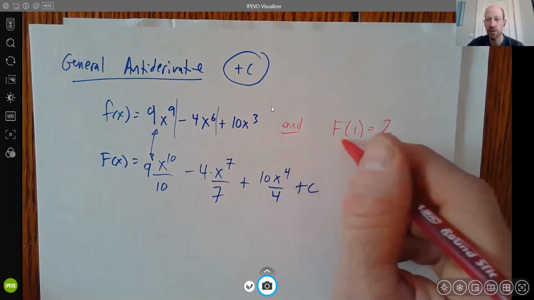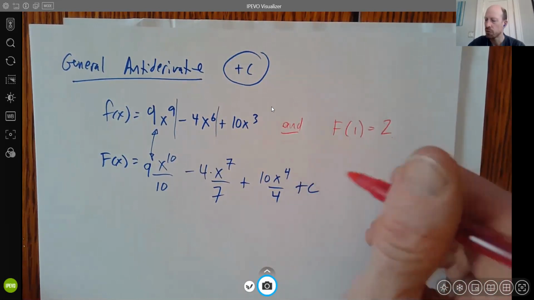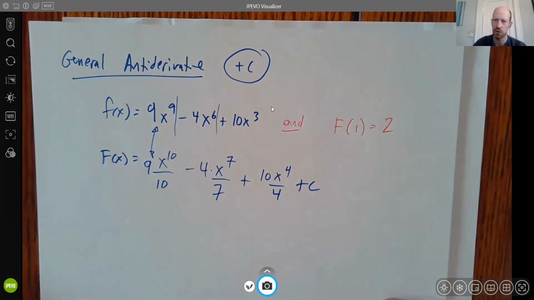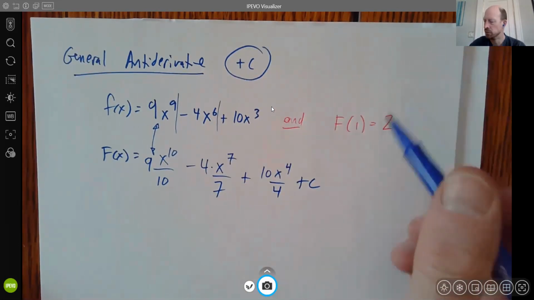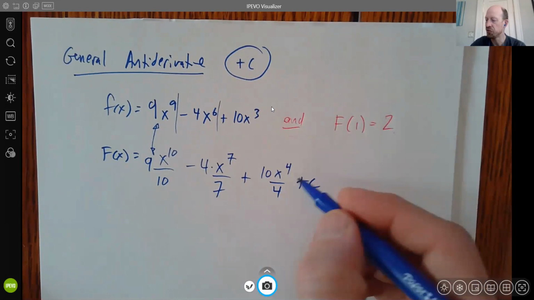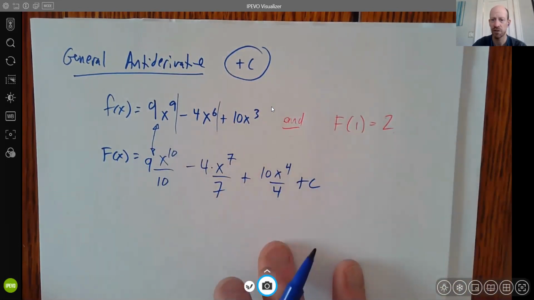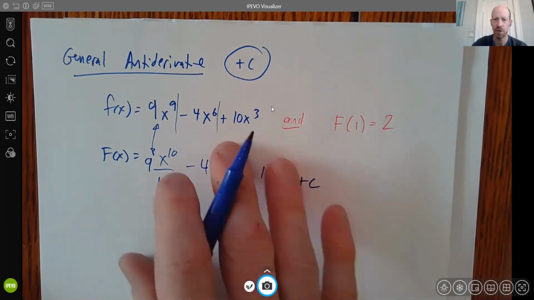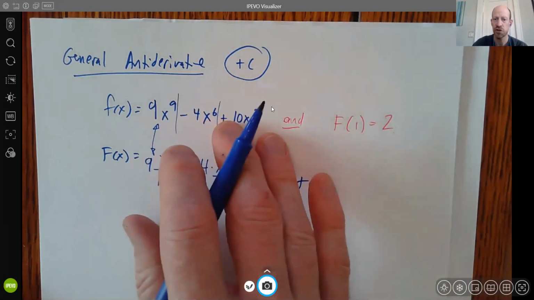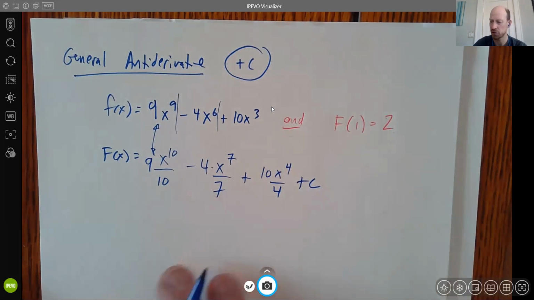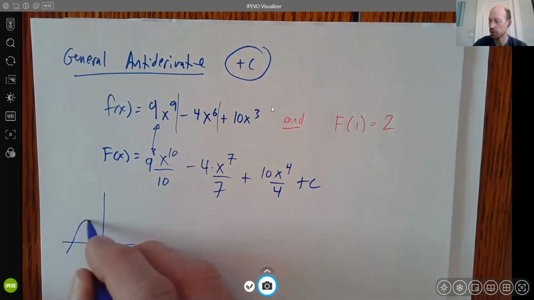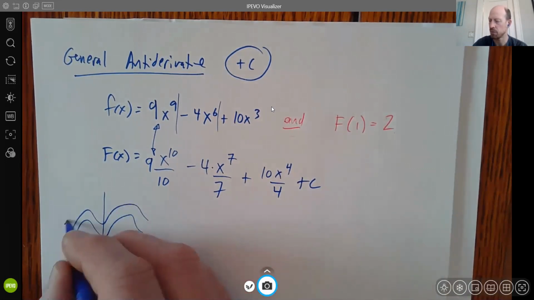So if you know this additional fact, remember if you looked at what we went over on Tuesday, this is a whole range of functions, right? All of these functions, because we know the derivative, we know the shape, but we don't know the specific function. It could be any one of these functions, right?